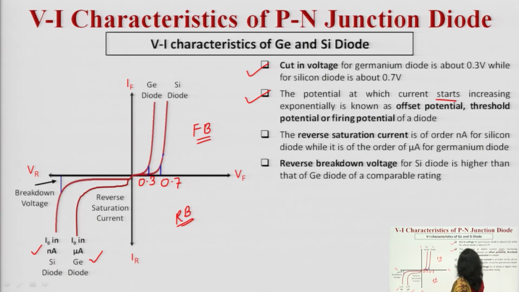This point is known as the offset potential, threshold potential or firing potential. Reverse saturation current for germanium is of the order of microamperes, for silicon it is of the order of nanoamperes. And the breakdown voltage is the voltage at which the diode breaks down, with a sharp increase in current; that particular voltage is known as the breakdown voltage.